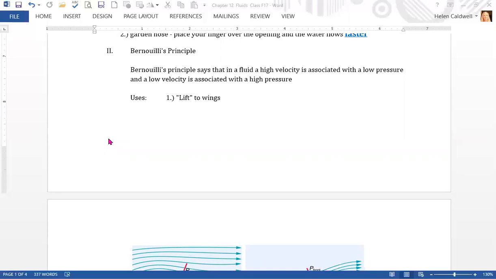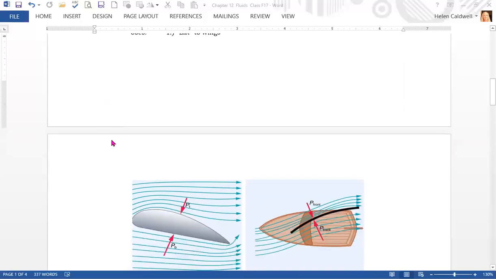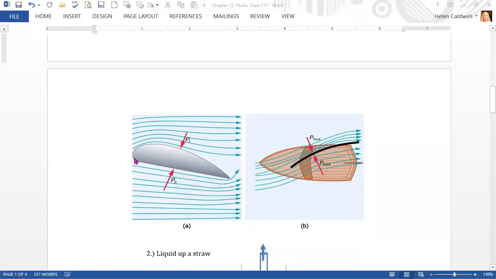What's really cool about this is it is one part of providing lift to any sort of a wing shape. So we can look at, this is a cross-sectional area of something shaped like an airplane wing. So airplane wings typically are more rounded at the top and flatter at the bottom. So the air is coming from the left-hand side.